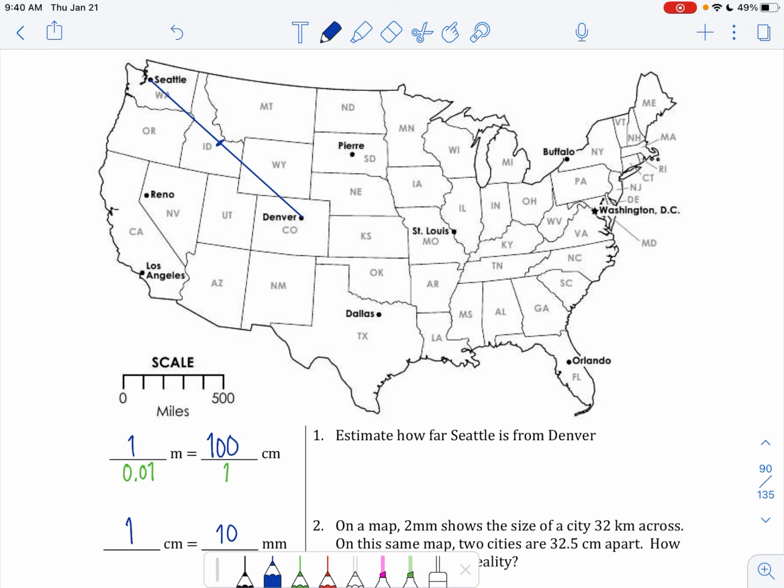There's a 500 there, move my little piece of paper, move along, and get another 500 here. So that's the length of this scale along here. And if I don't have a ruler, like I said, I'll just use a little piece of paper and mark it with a pencil. So then I know that this is going to be 500 to start with, plus 500.